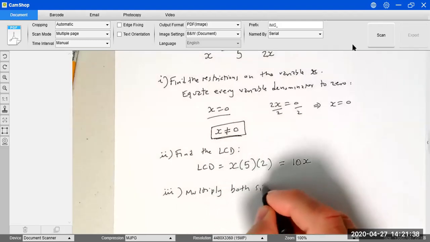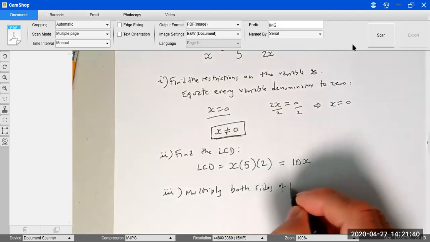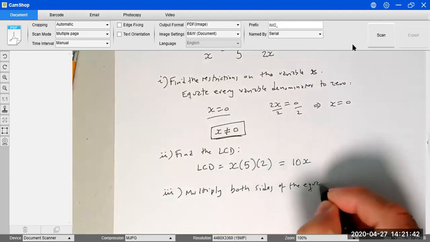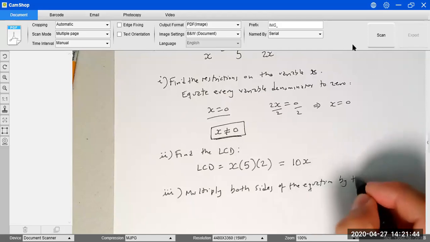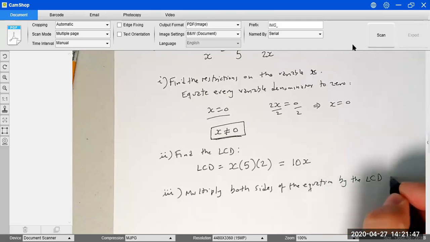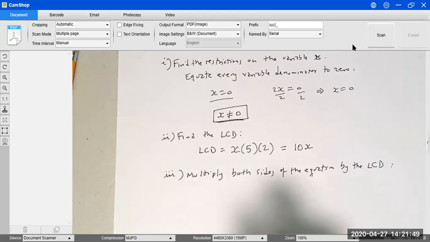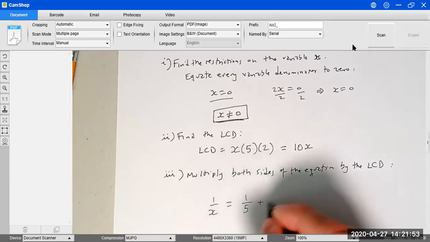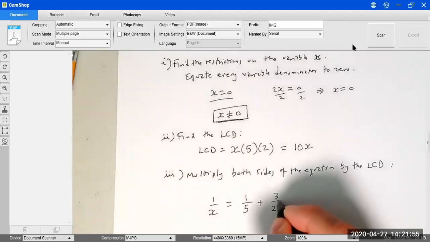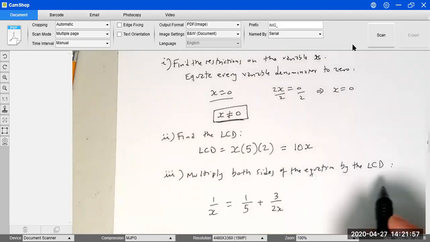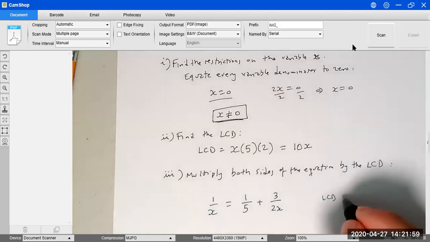Now, step number 3, we're going to multiply both sides of the equation by the least common denominator. So I'm going to write 1 over x equals 1 over 5 plus 3 over 2x. I need to multiply both sides by the least common denominator, which is 10x.